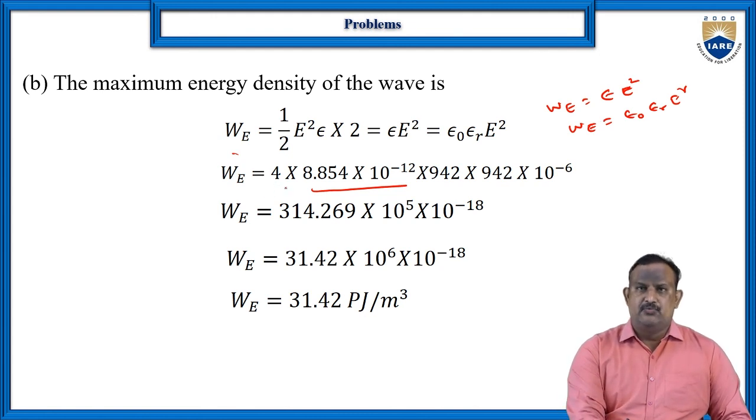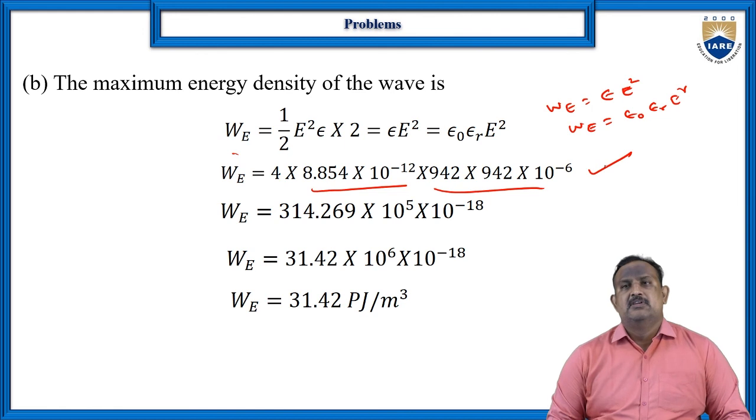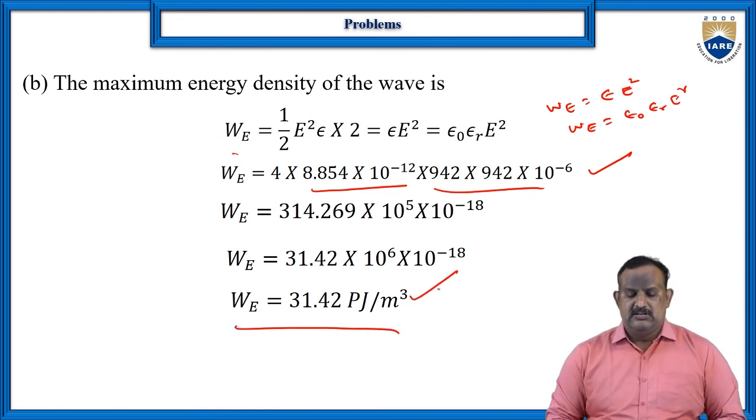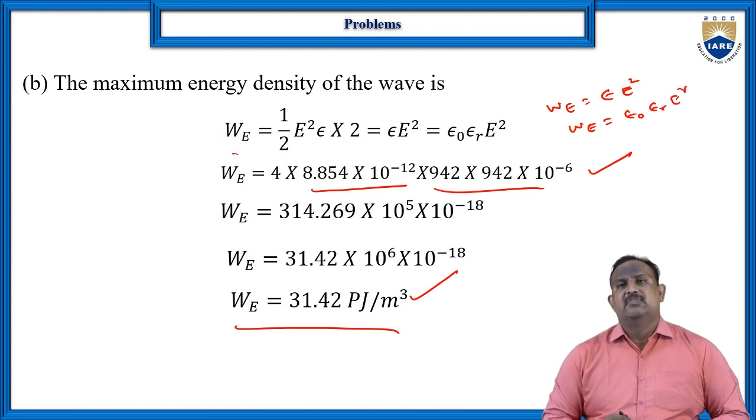Therefore, energy is equal to 4 into 8.854 into 10 power minus 12 into E square, which is 942 into 10 power minus 6. If you simplify the expression, the energy density is 31.42 picojoules per meter cube.